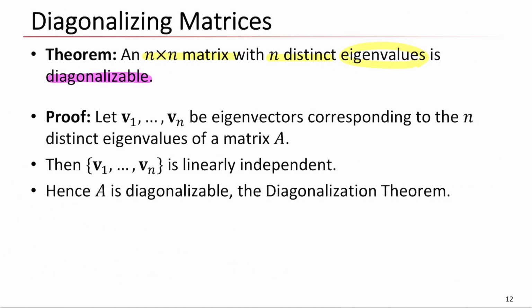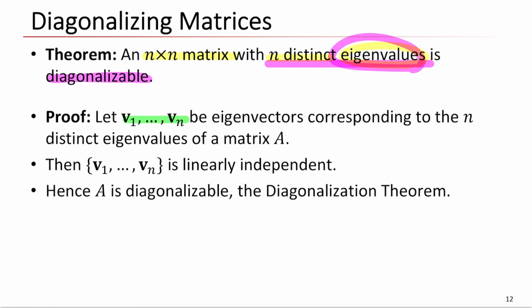But if there are n distinct eigenvalues, as in the previous case 3, then it is definitely diagonalizable. We can easily show this theorem. So how can we do that?